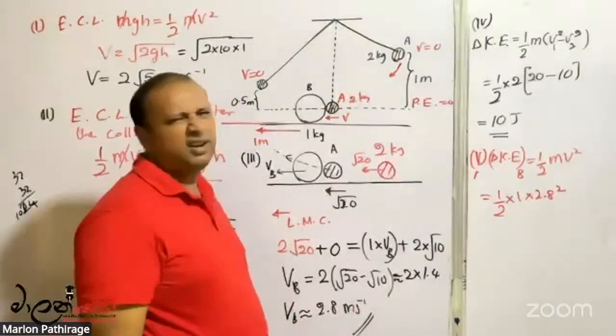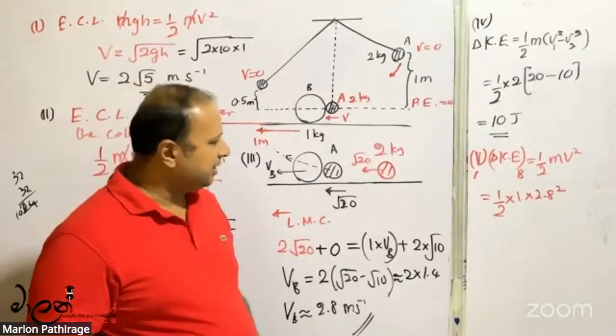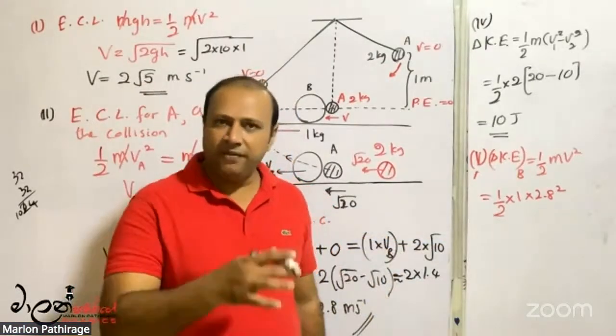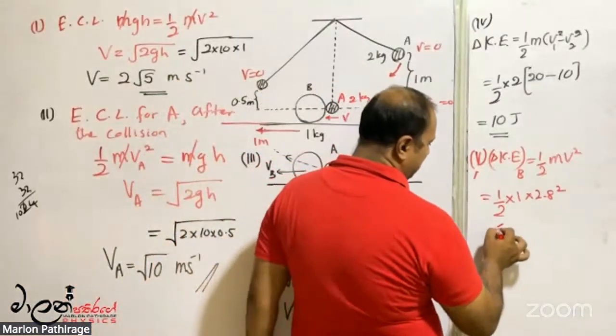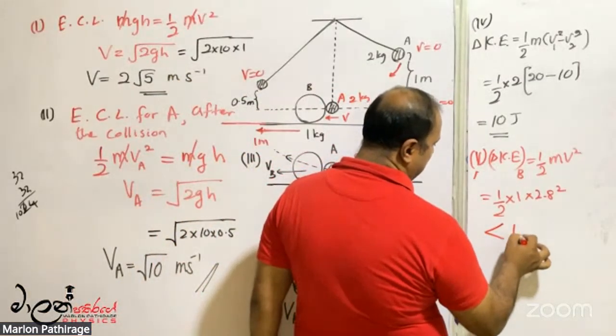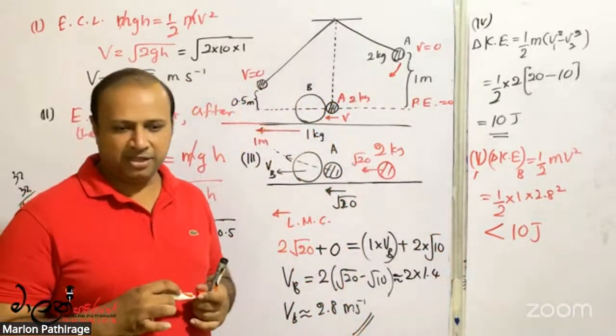It is very clear that 2.8 squared divided by 2 is definitely lesser than 10. Therefore, this is lesser than 10 joule.